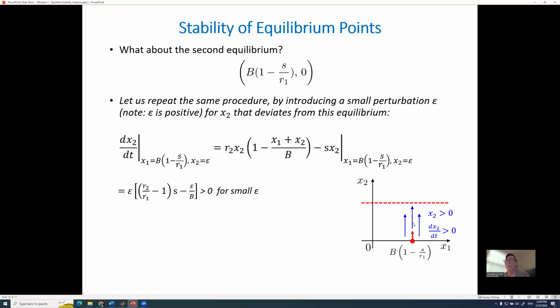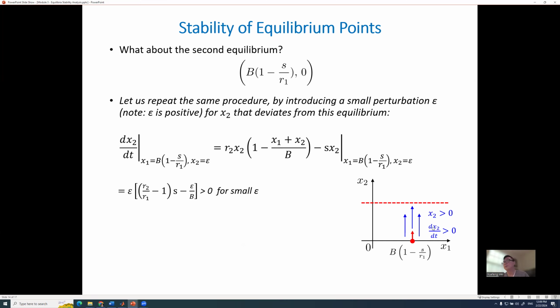It will move away from the equilibrium point unless you provide a big enough epsilon. So basically, there's a strip. You can see this red dotted line here represents the epsilon value. Below this dashed line, x2 will increase.